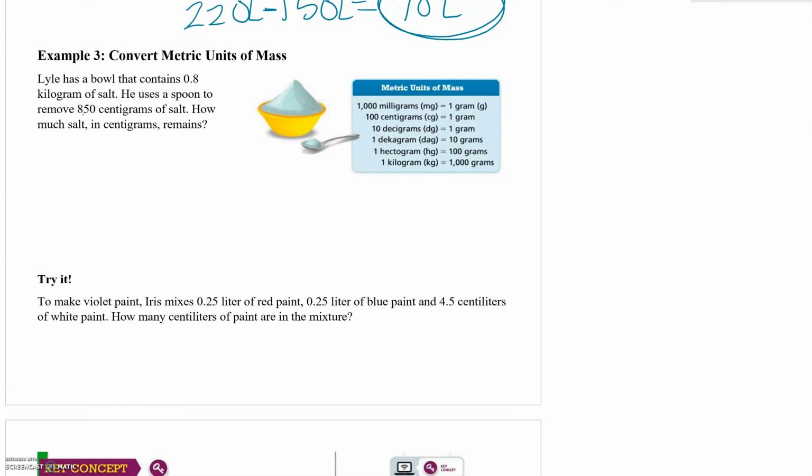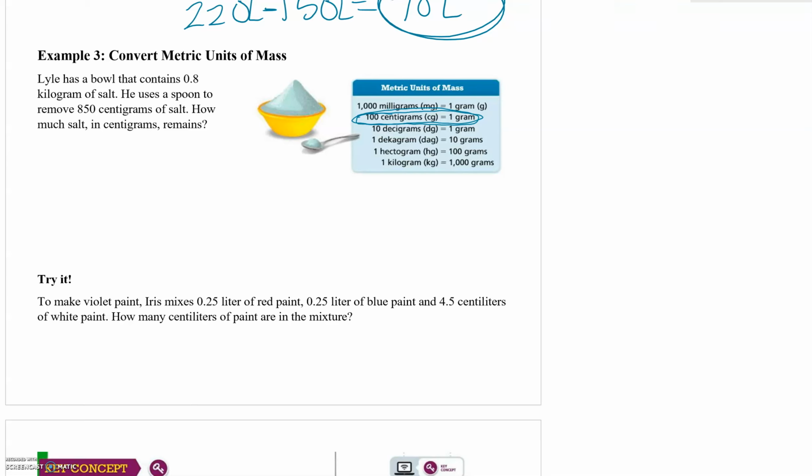All right, so we're looking here for grams and centigrams. Oh, here it is. So that's the conversion factor that I want to use to determine my answer. But let's see.